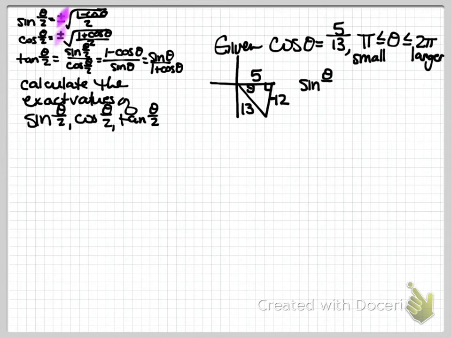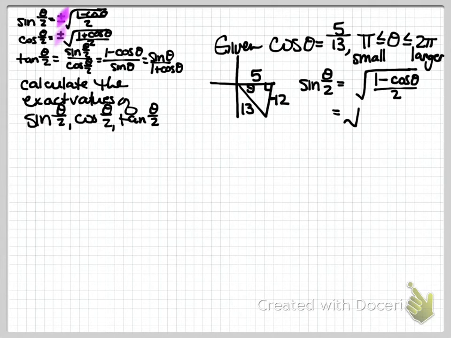So let's find the sine of our half angle. I'm going to leave a little space next to the equal sign to either put a plus sign or a negative. Again, like I said, we're doing that at the end. So we're going to do our square root, and the sine is (1 minus the cosine of theta) divided by 2.